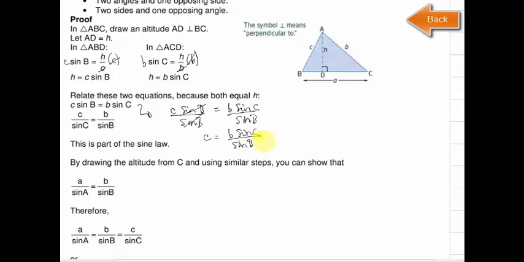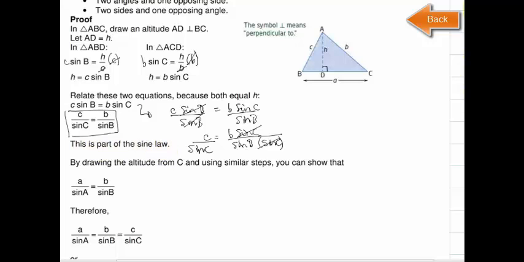And let's say that I divide the right by sine of C and the left by sine of C, then I can reduce my sine C's, and as you can see, you are left with C over sine C equals B over sine B, which is here. And this is part of the sine law.